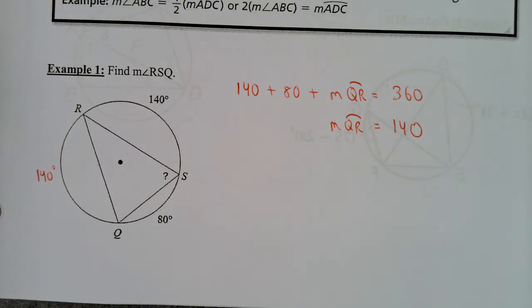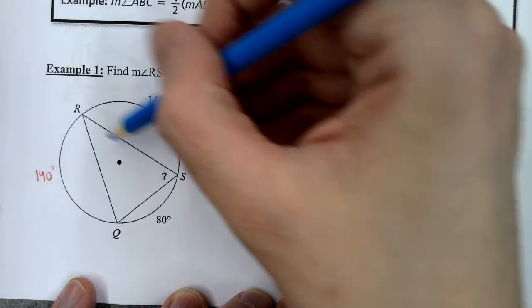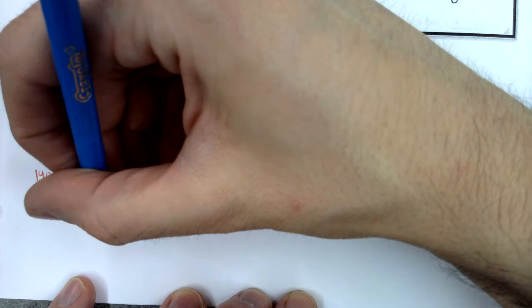And now we can get the measure of angle RSQ. Sometimes it might be helpful if you add some color. The arc that RSQ intercepts is this arc in blue.